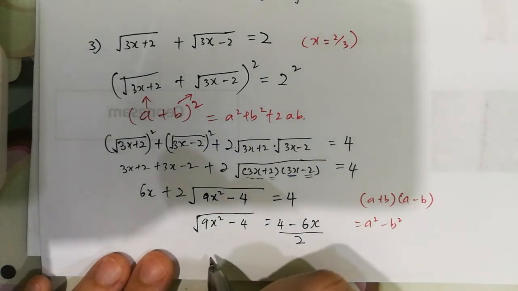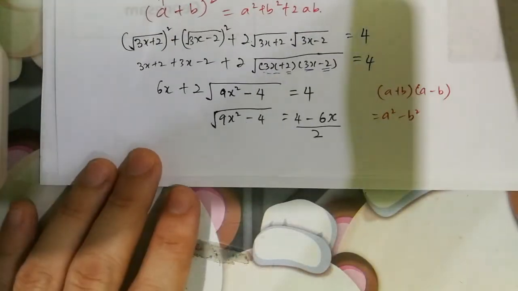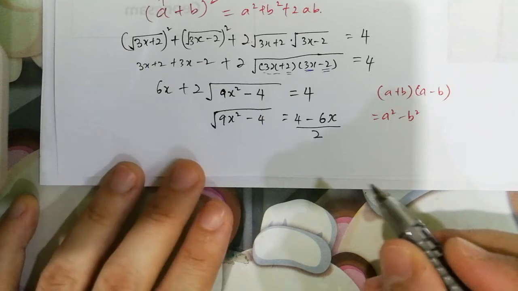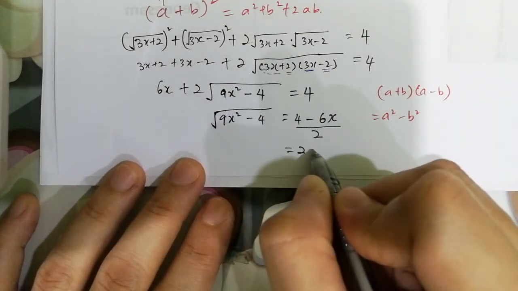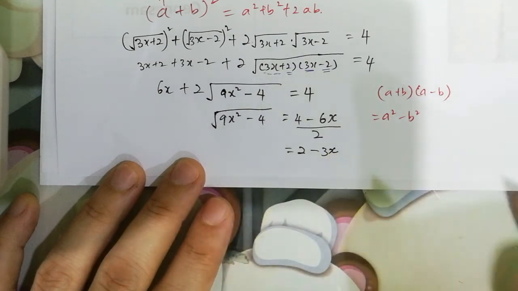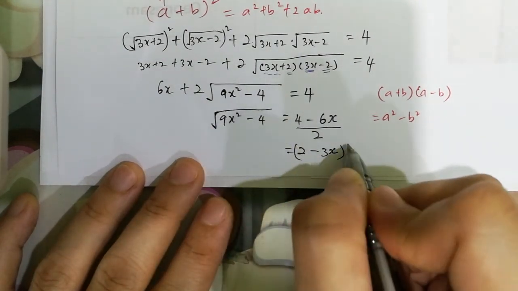Slowly. Later if you cannot follow, you rewind. So now this one 4 divided by 2. So I square both sides.